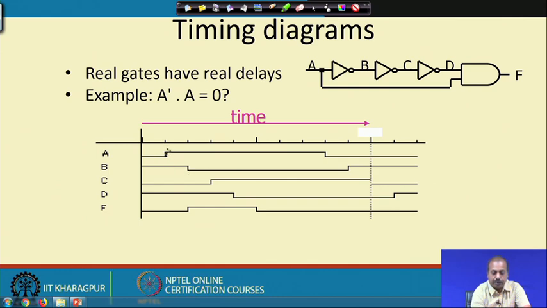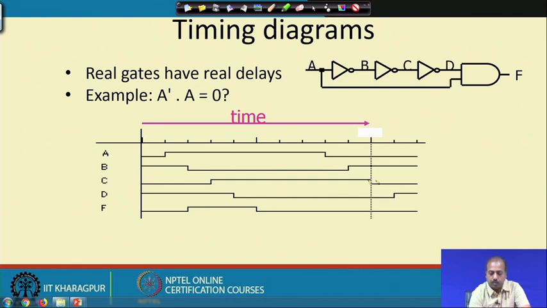This much is the delay of one inverter. After that time B will go low. Similarly at this point A changes, so after the inverter delay B will be high. Then the C output is a delayed, inverted version of B, so it shows a similar thing, as if B is delayed and inverted.